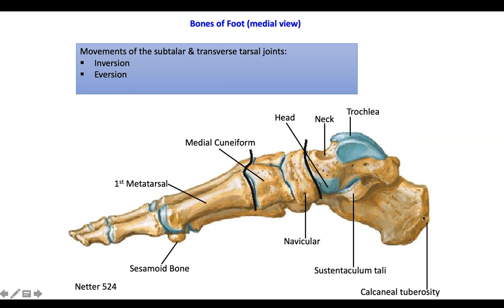The calcaneus also has a rough bony prominence on its posterior aspect, the calcaneal tuberosity. The calcaneus, or the heel bone, forms the heel and transmits our body weight during a standing position from the talus, and through the calcaneus the body weight is transmitted to the ground.